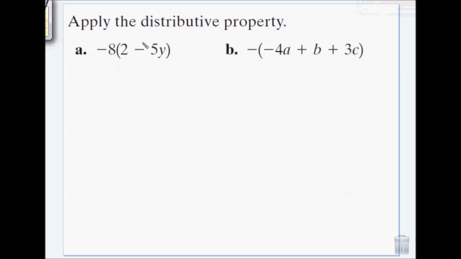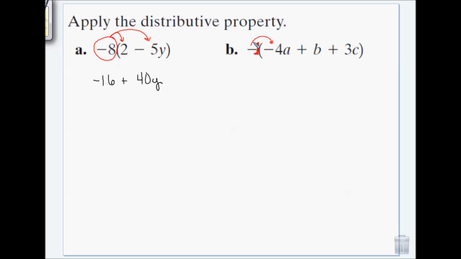So I'm going to take that negative 8, multiply it by the 2 and by the 5. Negative 16 minus 40, right? Because it's 8 times 2, 8 times 5. Here, this negative right here by itself is kind of like a little imaginary negative 1.